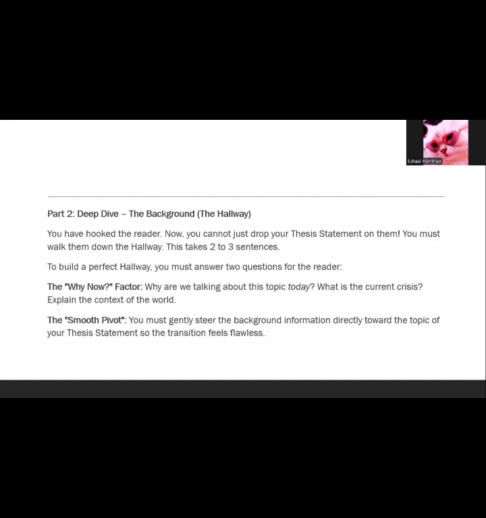Remember the semantic method we learned earlier, at the time of making our hooks or connecting one fact to another fact. Similarly, we need to connect our background and the thesis statement, and we need something to make it happen with a smooth transition. Okay, so let's see it practically.